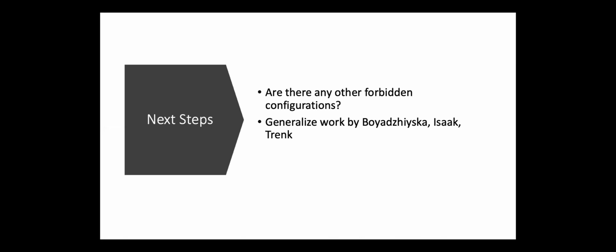To do this, we're trying to generalize some of the work done by previous teams. They have algorithms that work for other classes of interval orders, and they use the same strategy of weighted digraphs and potential functions to do so.